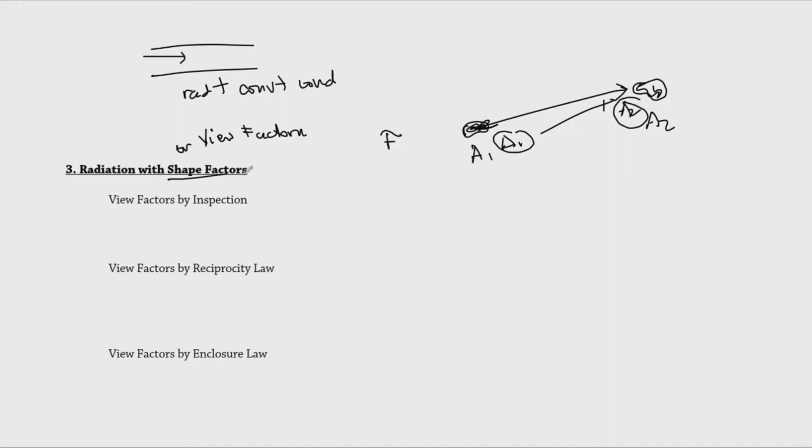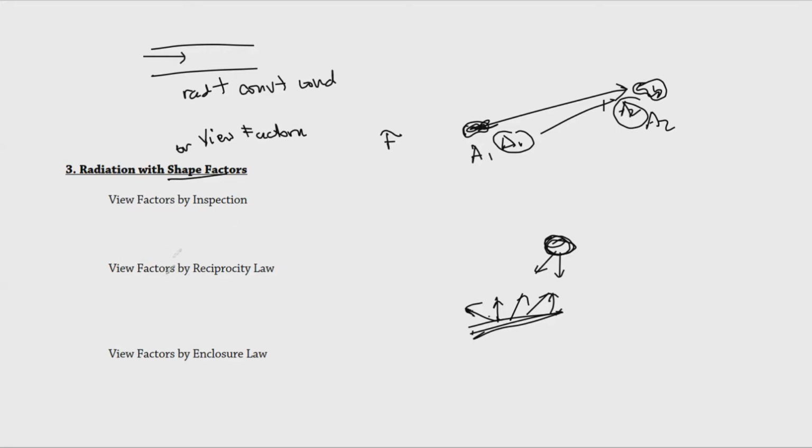So that's how view factor works. You have two materials, and you try to evaluate all the rays that come out from that material, and then give the relationship between these two. And these view factors can be solved by inspection, reciprocity law, and enclosure law.